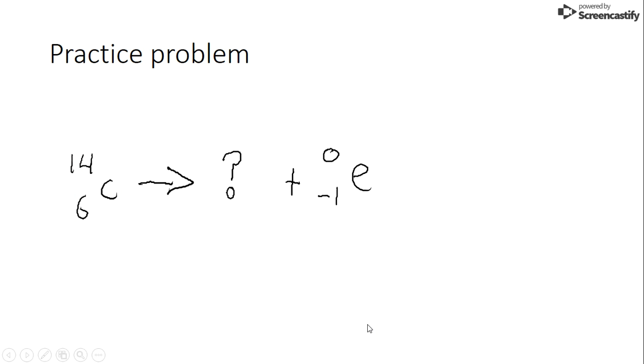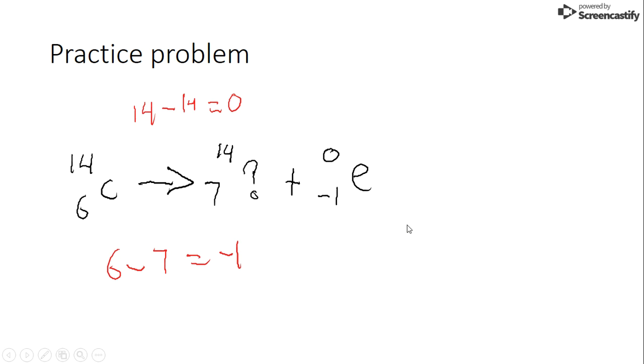Okay, so let's do a practice problem. We have element C, and then we know it's just a regular beta decay because it is not positive. So in order to find this, we have to do 14 minus 0 equals 14. So then we put 14 up here. And then 6 minus what equals negative 1? 6 minus 7 equals negative 1.